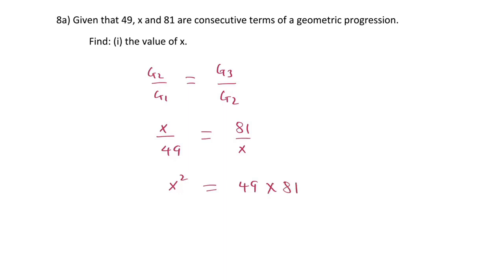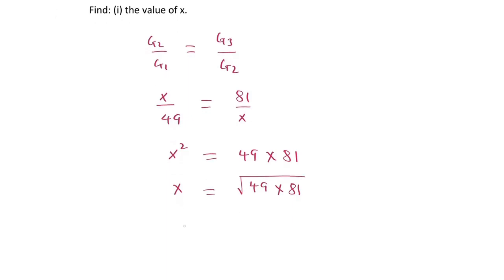So next we are going to introduce root both sides. Then our equation is going to be x equals under root 49 times 81. Solving this, we are going to have x equals under root 3,969, of which after solving the values, we are going to get 63. Therefore, the value of x is going to be 63.